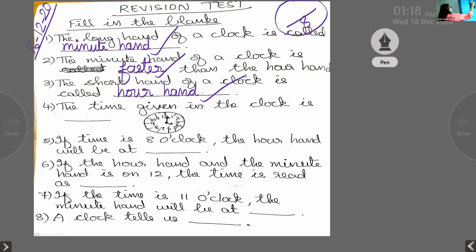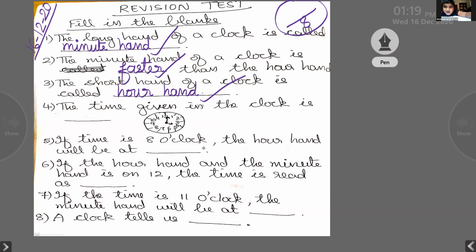Now, next one. The time is given in the clock over there. The hands are also drawn. You have to just write the time. Rishikesh, what is the time given in the clock? Fourth one. 4 o'clock.